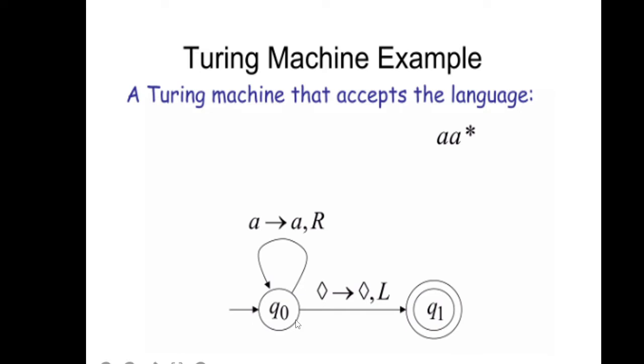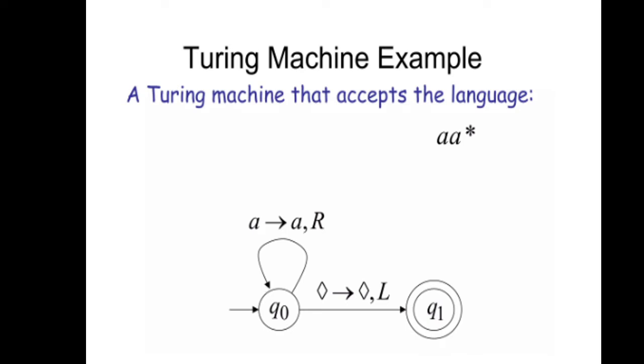So here the start state is Q naught and it has to accept A star, A initially and many number of A's can also be accepted by the machine. So for that we can draw a self loop.